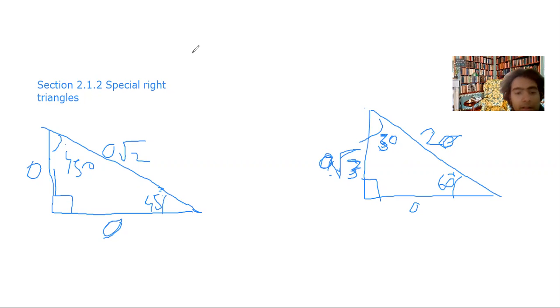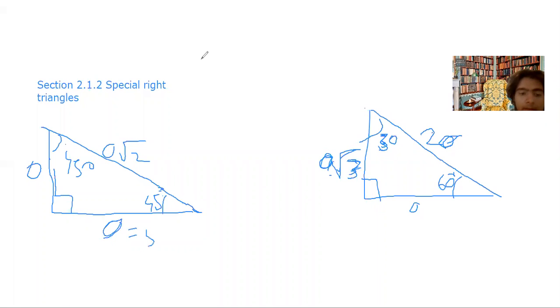So for this, 45, 45, 90 triangles are the easiest one. You're going to learn it in a second. They're really simple. Let's just say the value of A is equal to 5.